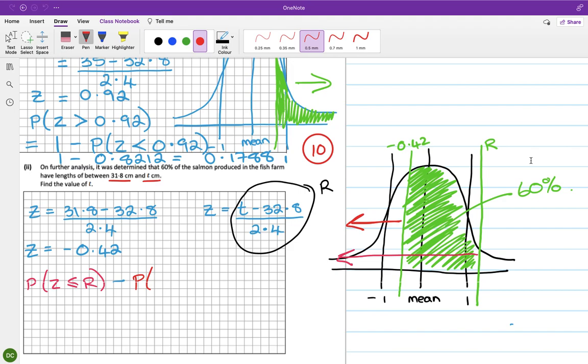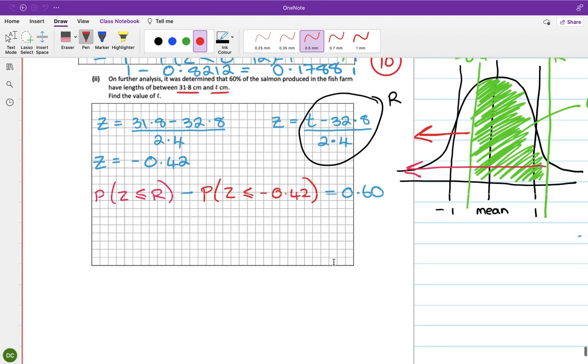And that probability is 60%. So if you do being on the left of z minus being on the left of minus 0.42, you're left with the bit in between, and apparently the bit in between is 60%.